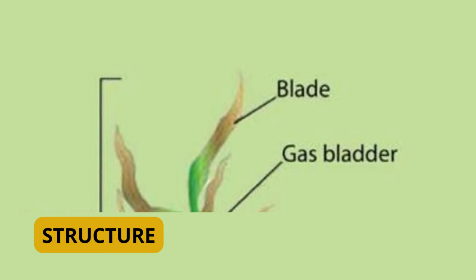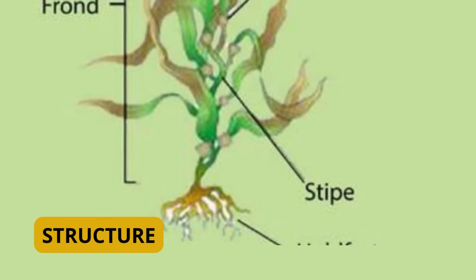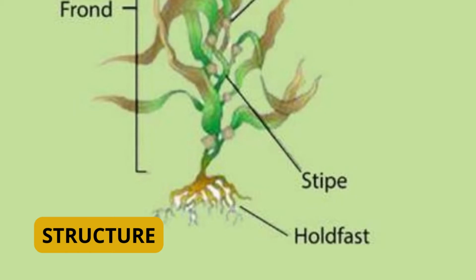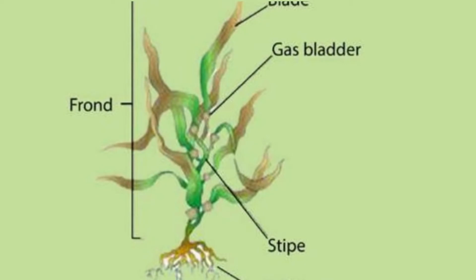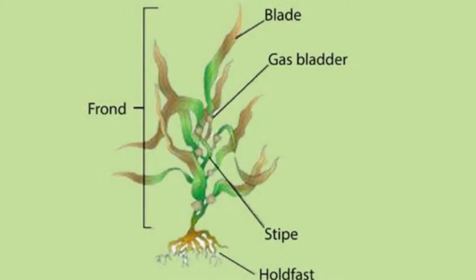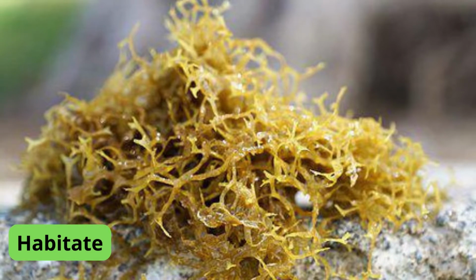These leaves are called blades. Leaf-like blades, stem-like stipes, and root-like anchoring holdfast. As you can see here, kelp has leaf-like blade, stem-like stipe, and root-like holdfast.